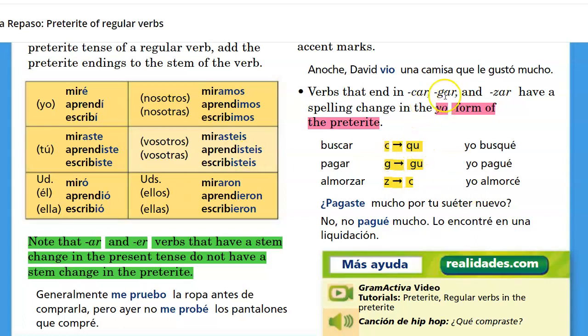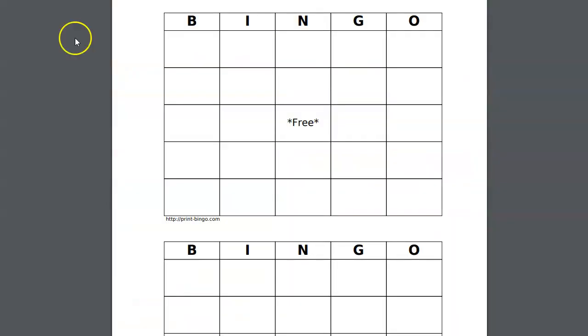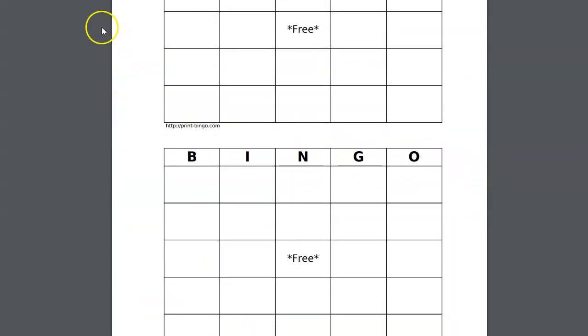Remember that there's that spelling change that takes place in the yo form, and the fact that, like the imperfect, verbs that are irregular in the present are not irregular in the simple past in the preterite. So keep that in mind. No stem changes for verbs conjugated in the preterite. 4th and final game will be a mixture of AR, ER, and IR verbs.